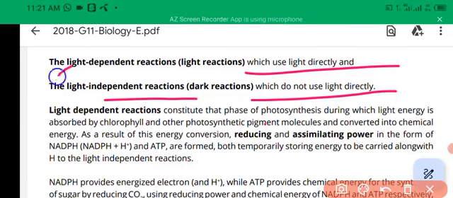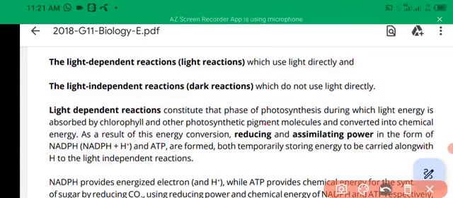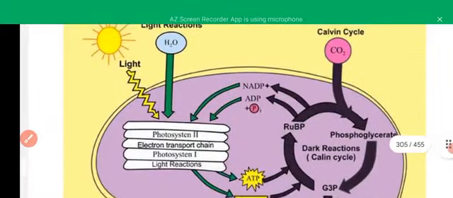In the light dependent reactions, energy is absorbed and NADPH, the reducing power, and ATP, the assimilating power, are formed. In the light independent reactions, these powers are used to form sugar, the carbohydrates.